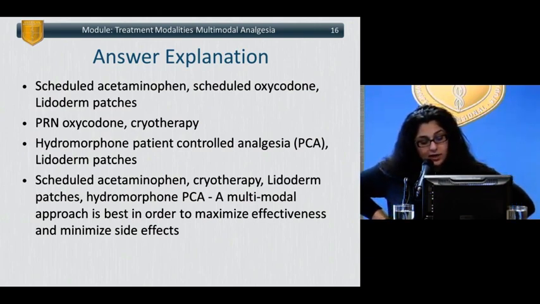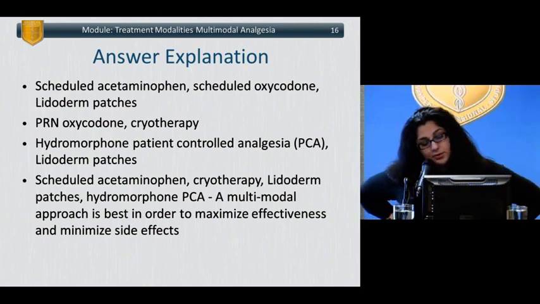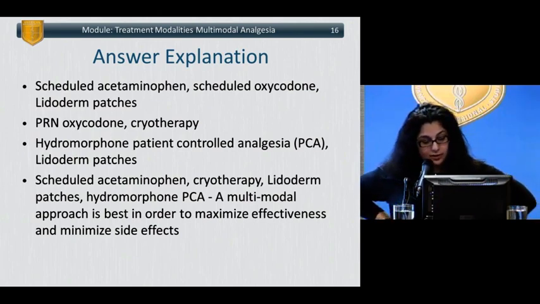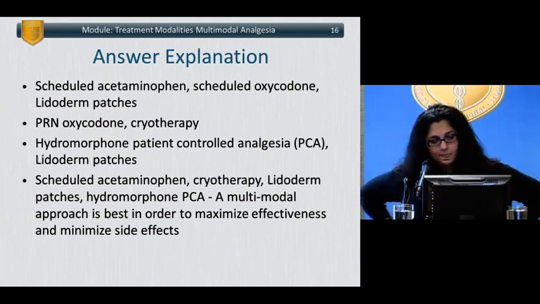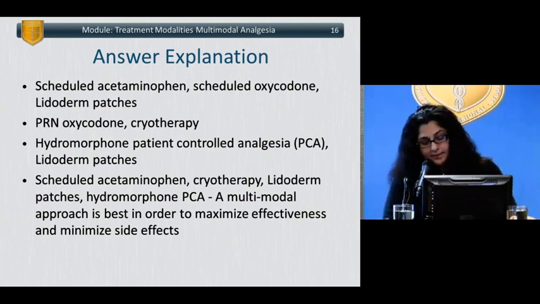With D, not only are we using medications, but we're also using some topical analgesics, as well as cryotherapy, which is really cold therapy. The other options, A, B, and C, are not necessarily incorrect, but what's most correct is that multimodal approach. And again, we use multiple options to help minimize side effects of each individual drug and hopefully maximize effectiveness.